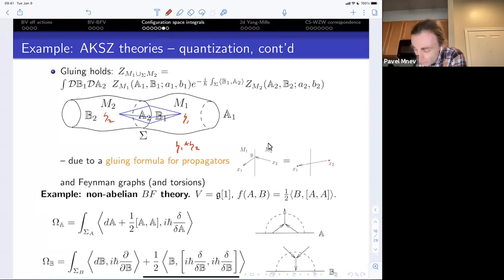Oh, I guess I confused the indices here, sorry. So if one leg is on the M2 side and the other on the M1 side, then this glued propagator is constructed out of eta1 and eta2 by putting some intermediate point, considering eta1 between that point and x1, eta2 between x2 and that point, and integrating over that point. In fact, this construction gives you a propagator.